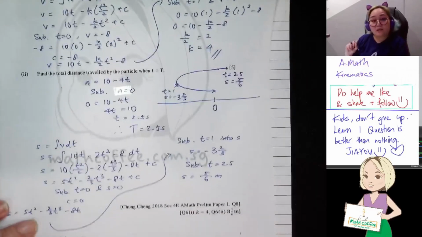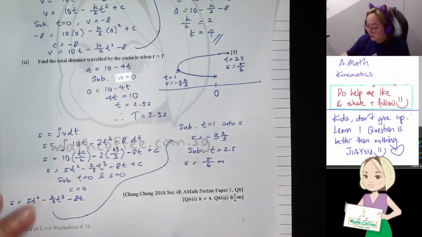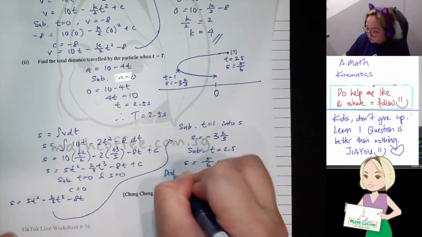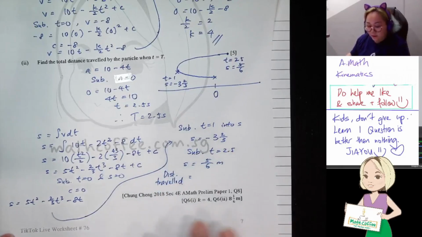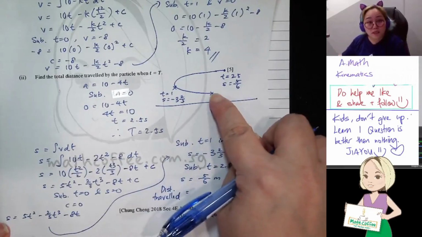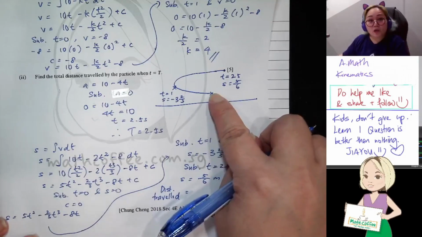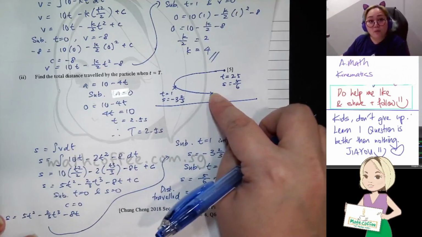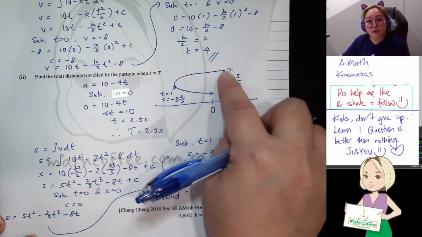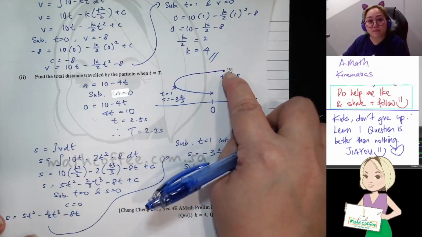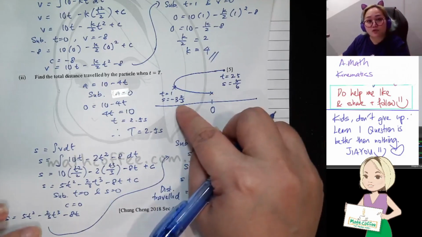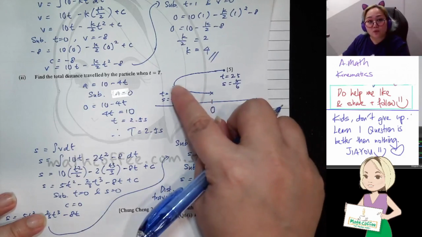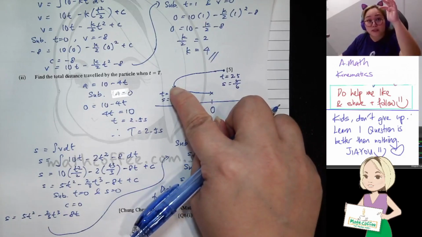So now let's see what the distance traveled is. Let's take a look at the diagram. It was here. Your task is to find out how much your particle has moved in order to reach this position over here. In the first 1 second, it traveled behind to negative 3 2/3. So from here to here, it traveled 3 2/3.